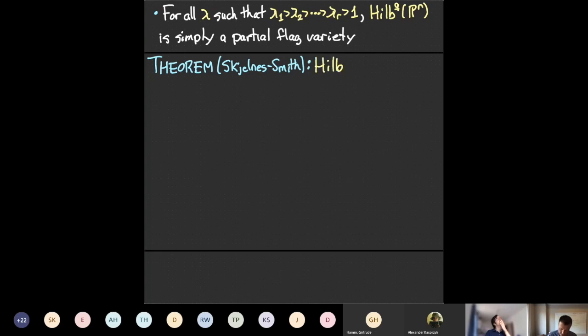It says that the Hilbert scheme we're studying is smooth if and only if one of the following conditions holds.